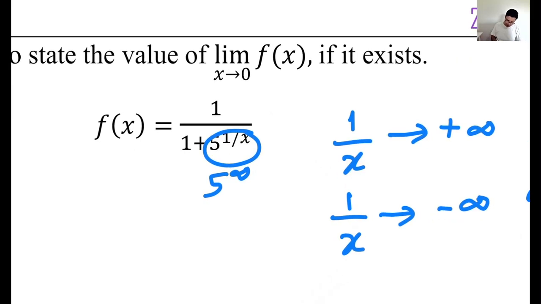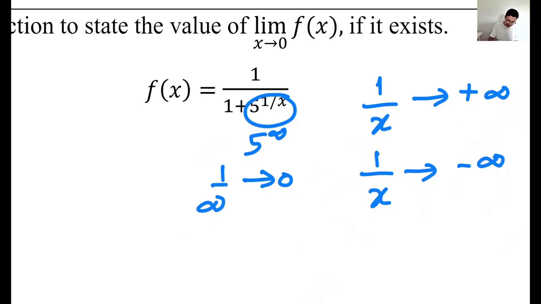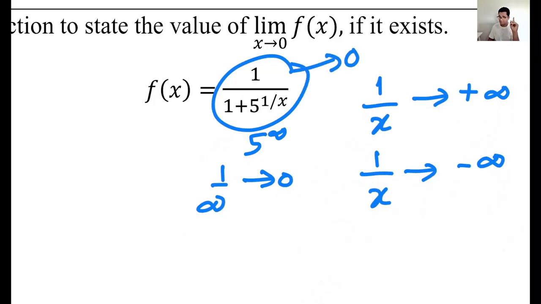So overall it will be 1 over infinity, which is getting close to 0. So I can see that when I approach from the right side, this function will go to 0. I'll explain once again. As you approach from the right, 1 over x goes to infinity. So 5 to the infinity will be infinity. So 1 over infinity becomes 0, right? You can see that it goes to 0.